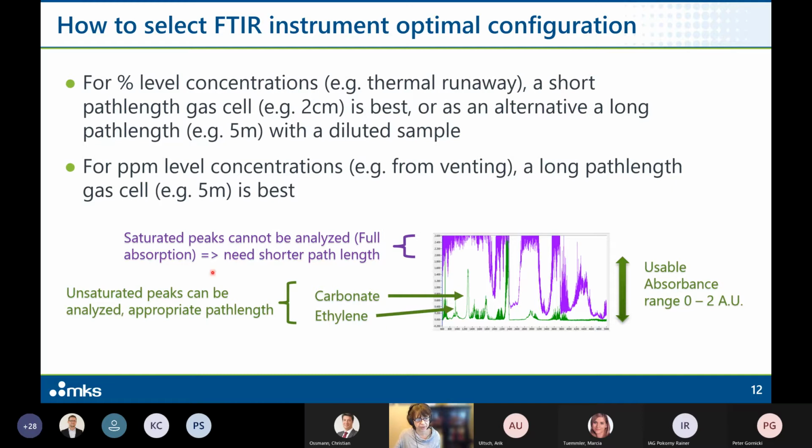This provides an appropriate path length for the concentration, or appropriate dilution. Earlier on, we had customers measuring with a recipe, and they said the results were very strange. That's because everything was saturated.